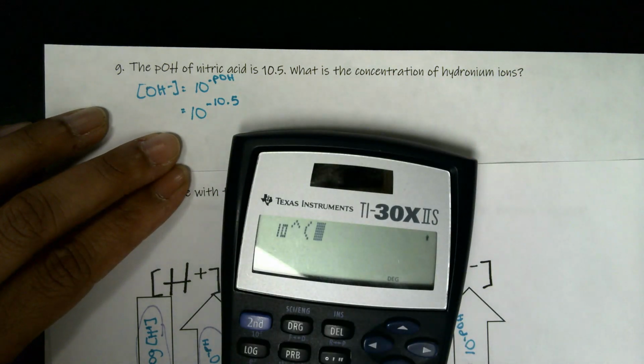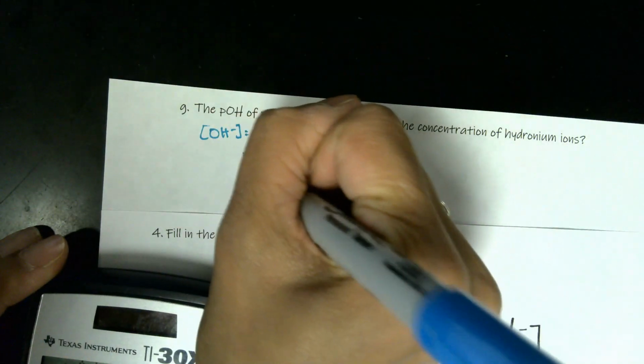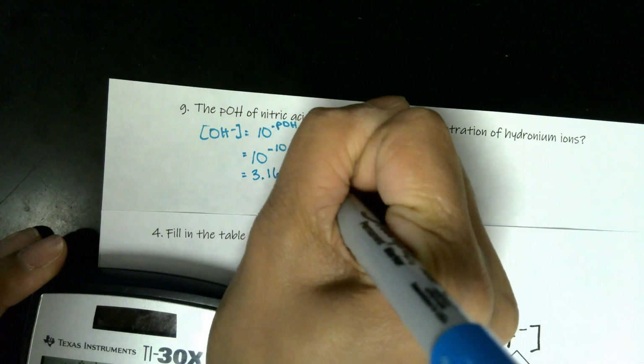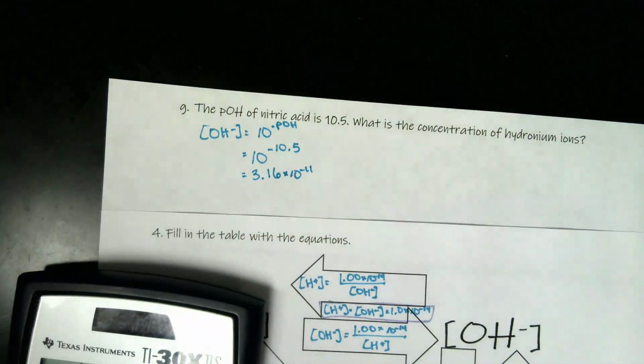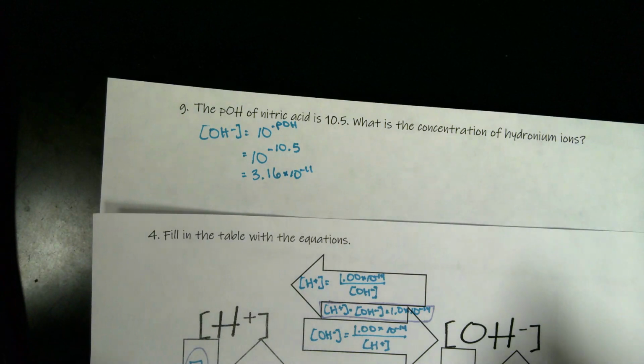So skip that, negative 10.5. So I have this time 3.16 times 10 to the negative 11. Ideally, we would not round this too early, but in this case, it'll be fine.